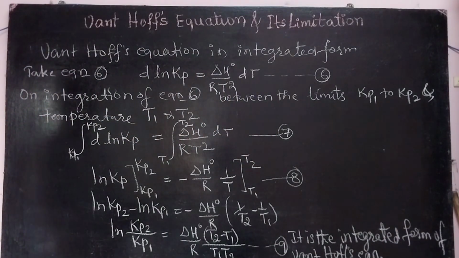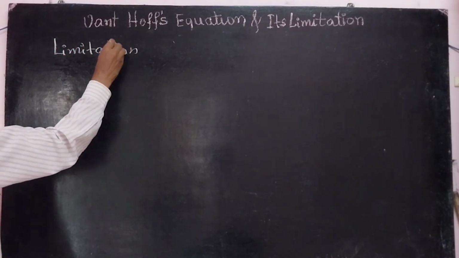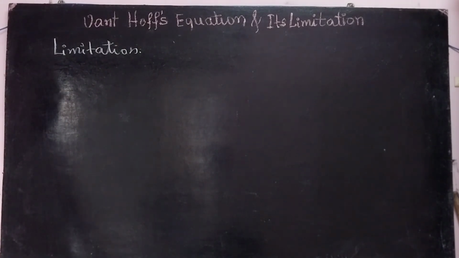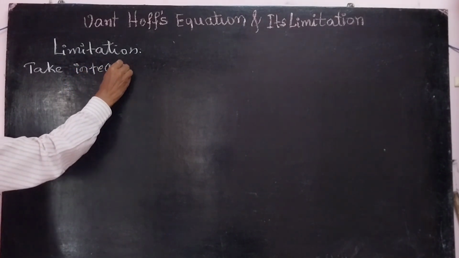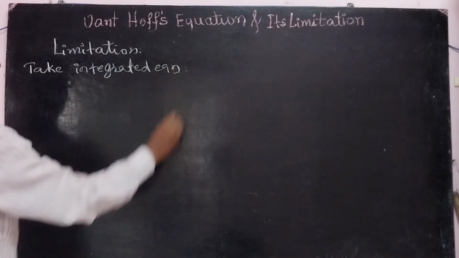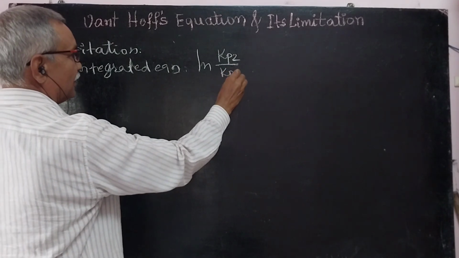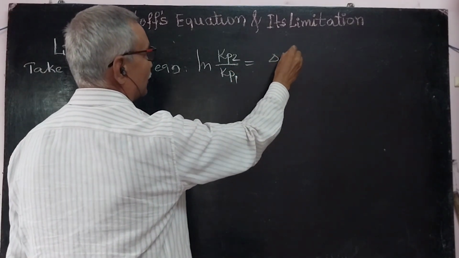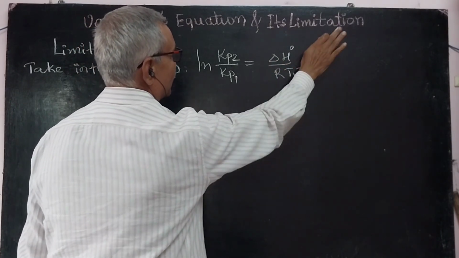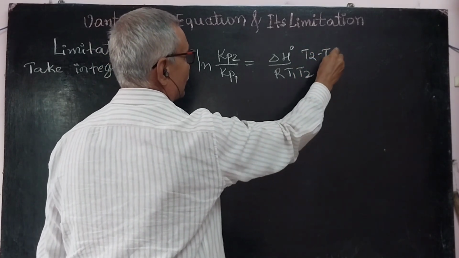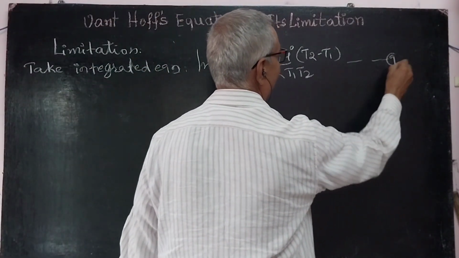Van't Hoff's equation, limitation. Take the integrated equation, that is ln Kp2 divided by Kp1 is equal to delta H naught divided by R into T2 minus T1 divided by T1 T2, that is equation 9.